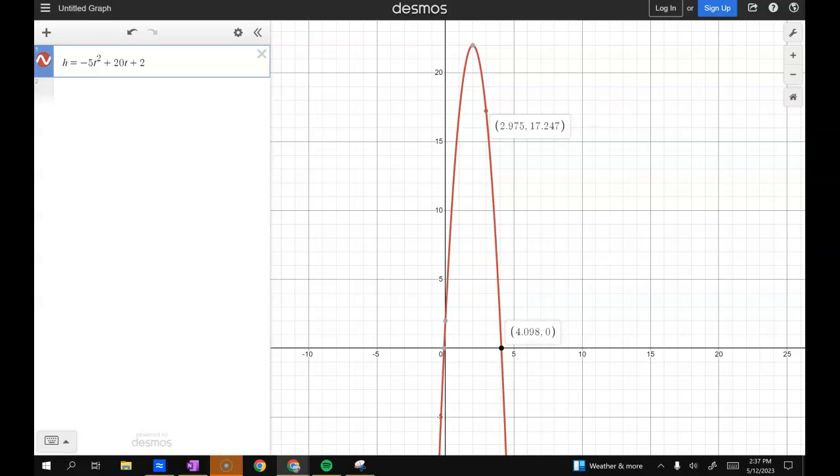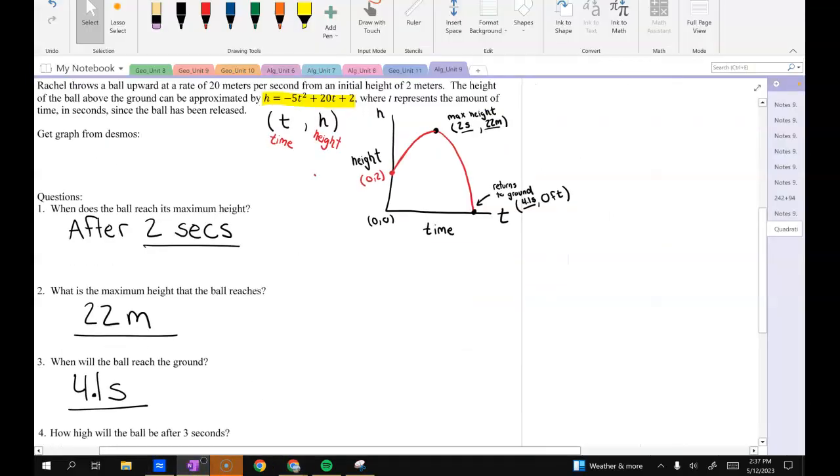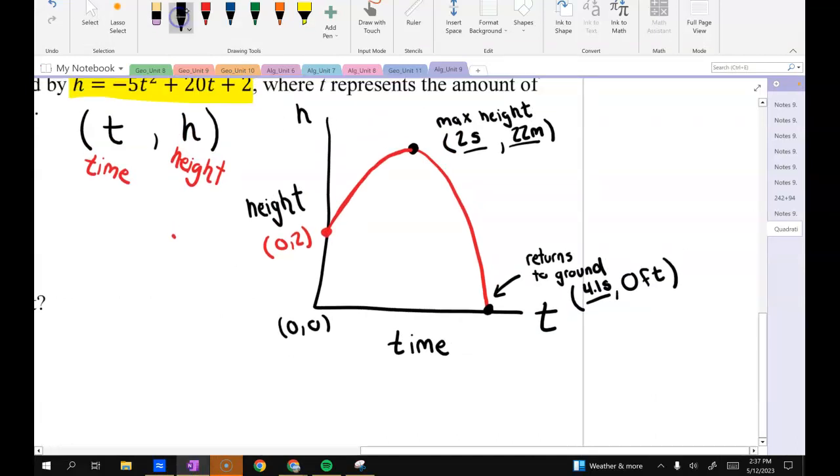All right, so if we were going to ask, how high is it after 2 seconds? We would find where our first number, our t value, is 2, and write down our output. So I can add that piece of information onto my graph, make a new dot.